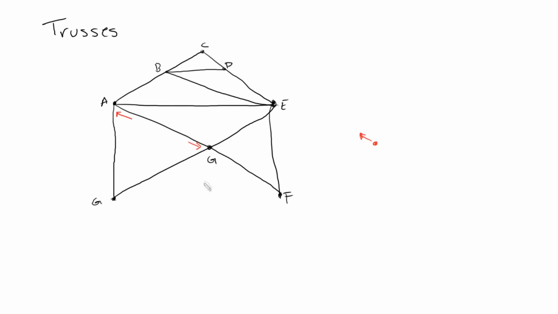And what's important to know is that you cannot take moments for these free body diagrams because all the forces intersect at one point. So that means if you take a moment about G, the moment should equal 0 because there's no perpendicular distance to that point from the force.